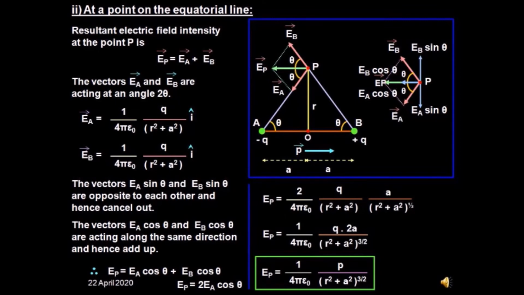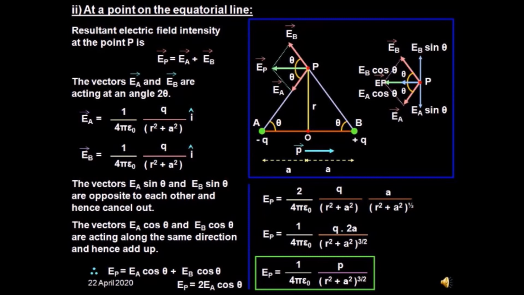Since we have got EP as 2 EA cos theta, now our target is to put in the EA formula. From our first equation, EA is 1 upon 4 pi epsilon 0 into Q upon R square plus A square. So let us put it in: EP equals 2 into 1 upon 4 pi epsilon 0 into Q upon R square plus A square, and we have to put cos theta.